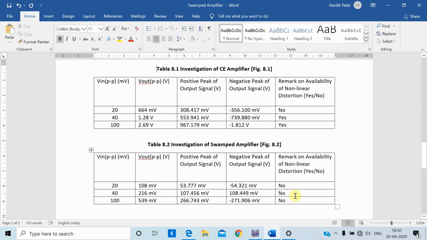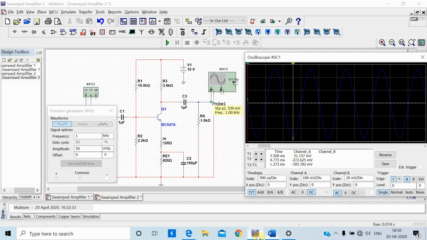But here the nonlinear distortion is not present in the swamped amplifier at the cost of less output, or you can say at the cost of reduction in gain, because as you can see here in the circuit, this emitter resistance is still unbypassed, so it is going to provide negative feedback, right?